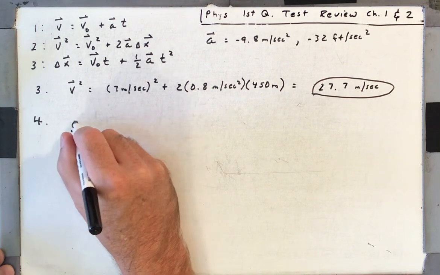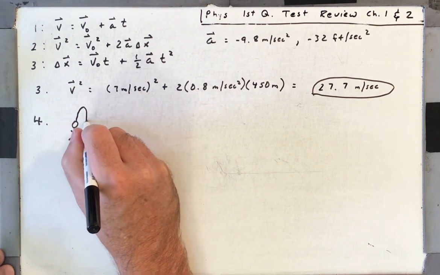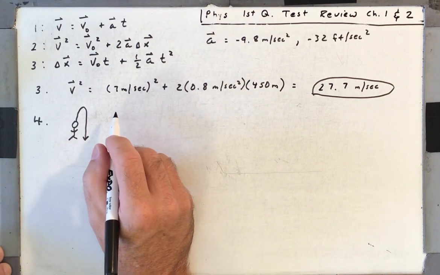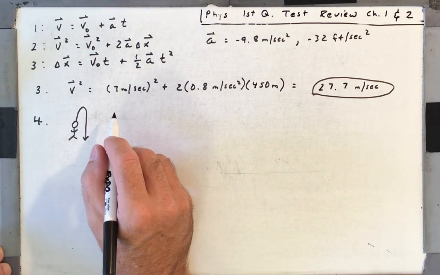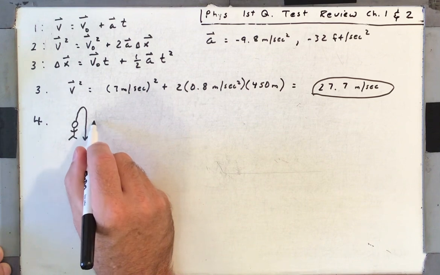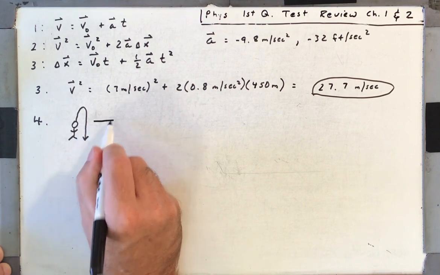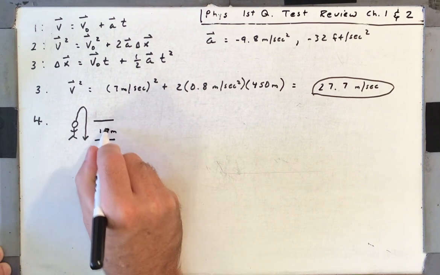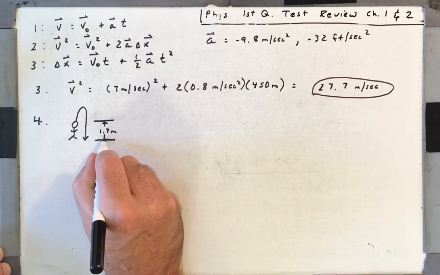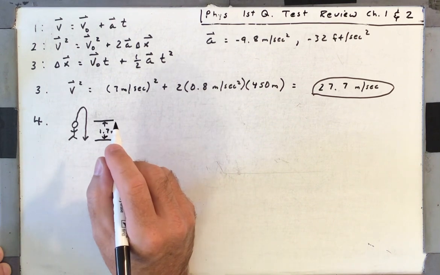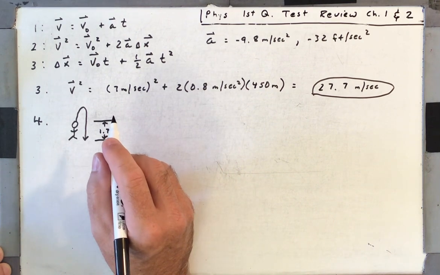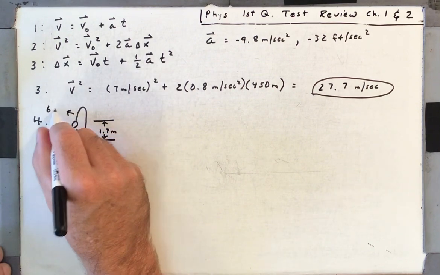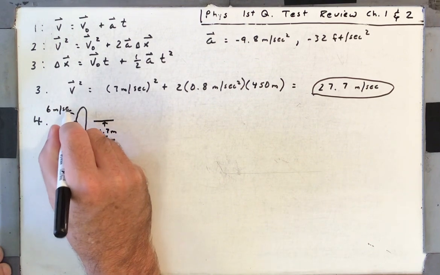Got Cood. Heads the soccer ball. That's when we had a soccer team. All right, and the ball starts 1.7 meters above the ground. So that's the height when the head hit it. And the velocity going up, it's going up at 6 meters per second.